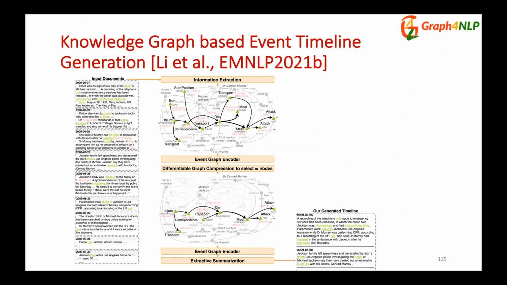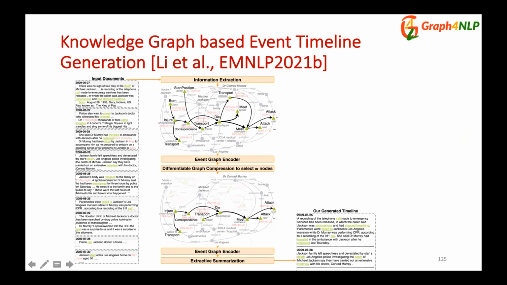So your input is the document, and can you provide more details? How do you build this knowledge graph ontology? How do you start with it? So for these input documents, first of all, we assume they are about one complex event. So we need to do some sort of complex event clustering first. For example, these are about Michael Jackson's event, I think.